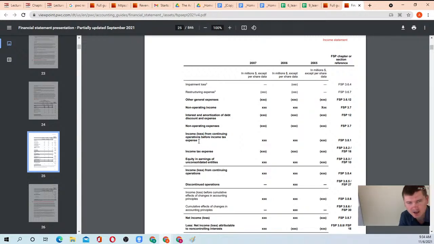Sometimes it happens that an entity wants to discontinue or sell a part of its business, some line or segment of its business. In that case, if the entity is in the process of such a sale, it needs to present the financials of such business separately. Or if the entity has just completed that sale, on the income statement it needs to show the results of such business separately. And if it's sold, it shouldn't be included in the balance sheet.